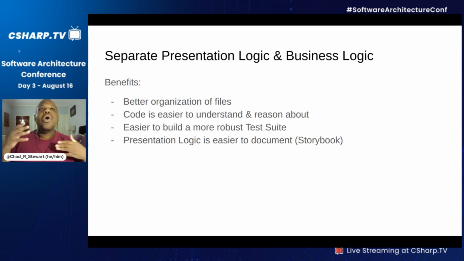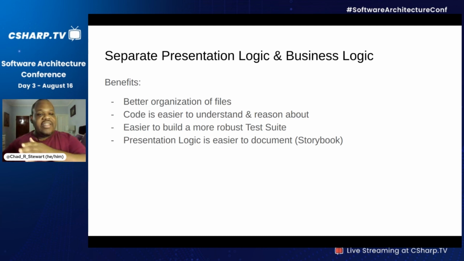When you have them co-located, that component has to do both of those jobs. With them separated, you can have a component or just a file that is doing one job and potentially have a single use case, and then all you're worrying about is successfully accomplishing that use case.